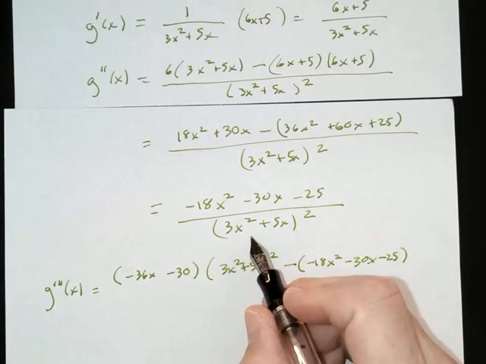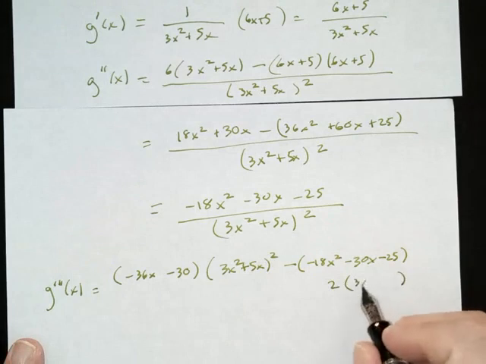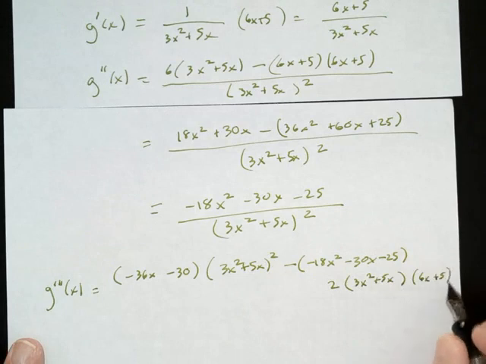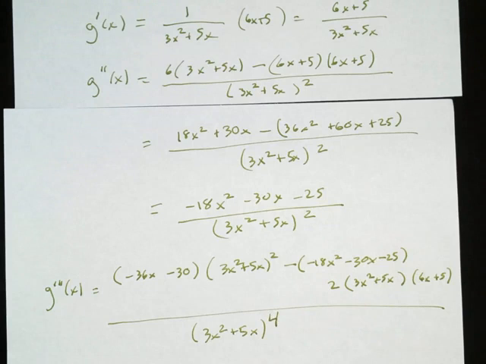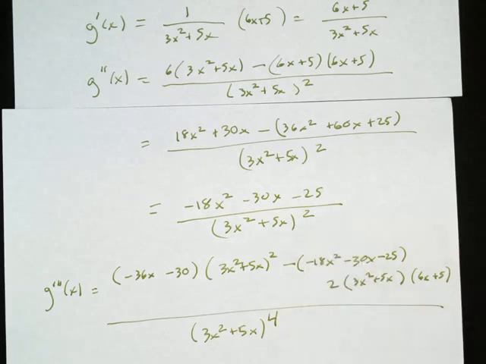I need the chain rule. 2 stuff to the first times the derivative of the stuff, over the bottom, it's already squared. I got to square it again. Bleh.